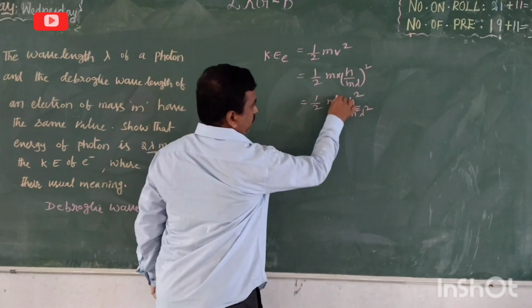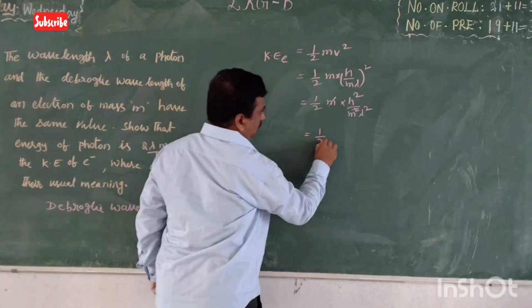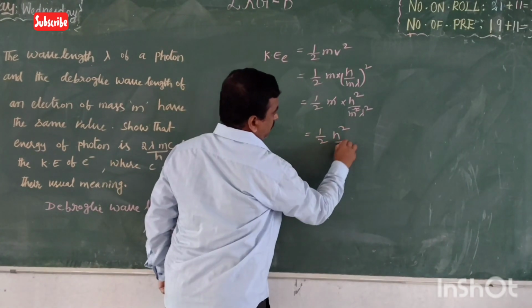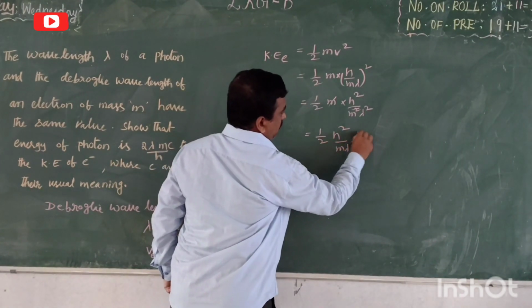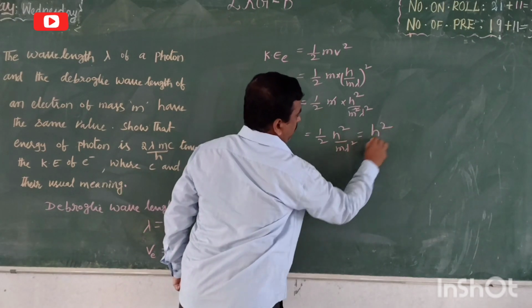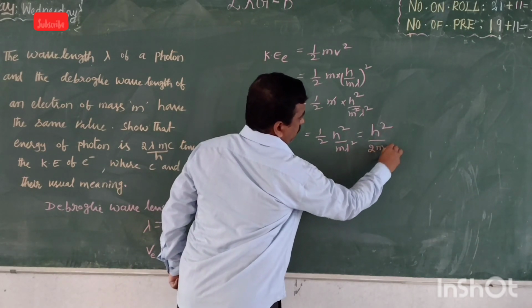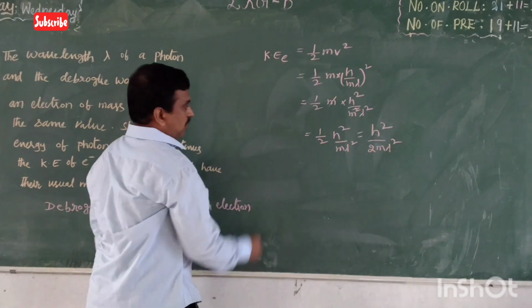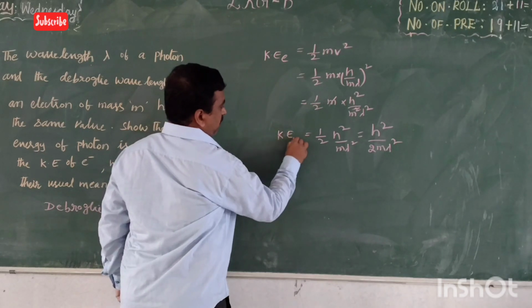One m cancels, and we get half h square by m lambda square, that means h square by 2m lambda square. This is the kinetic energy of the electron.